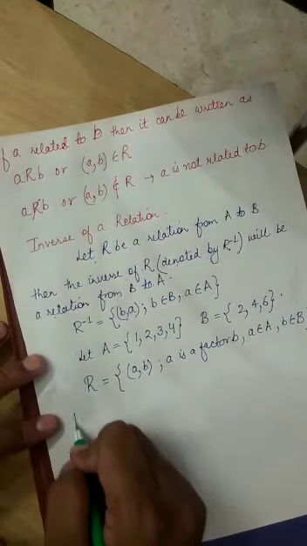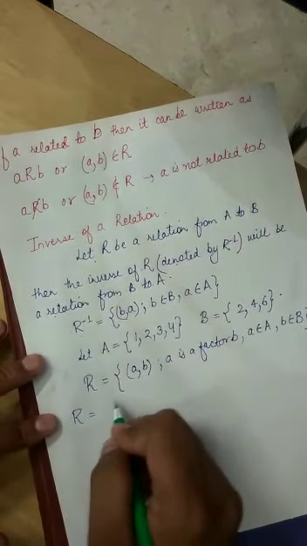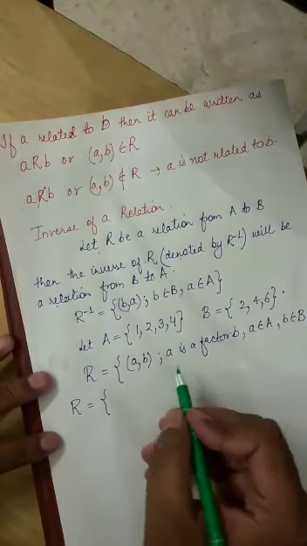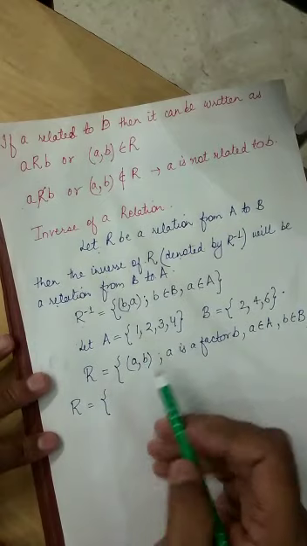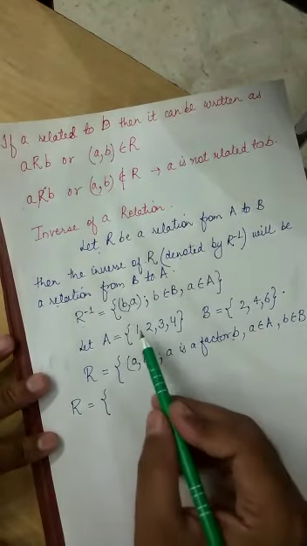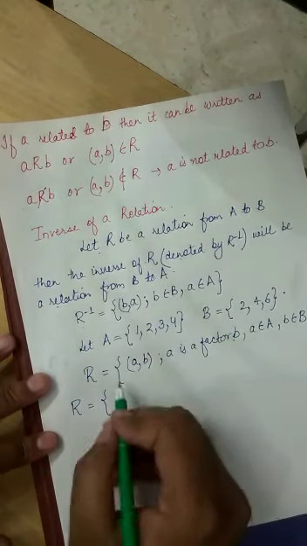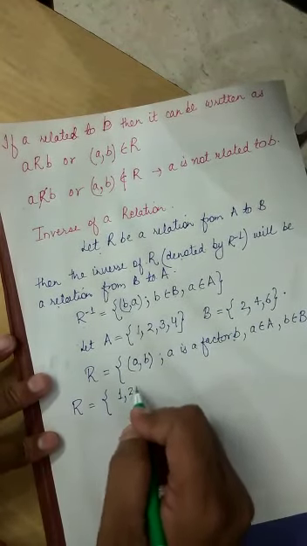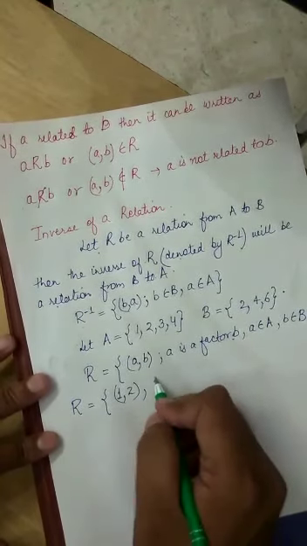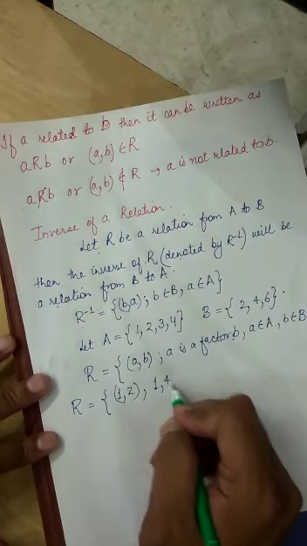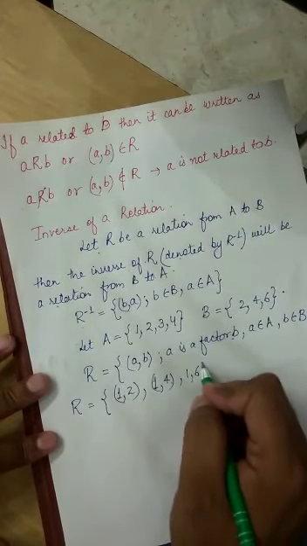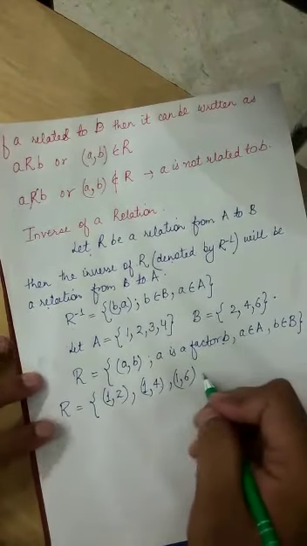Then how can we write it in roster form? a is a factor of b means (1, 2), because 1 is a factor of 2, (1, 4), (1, 6), all are multiples of 1.